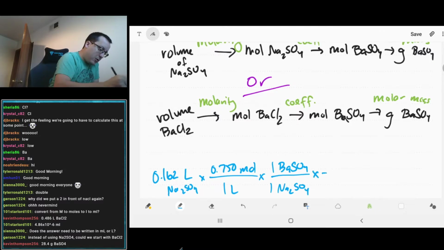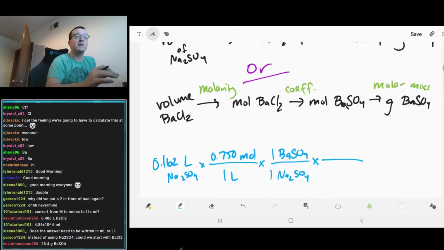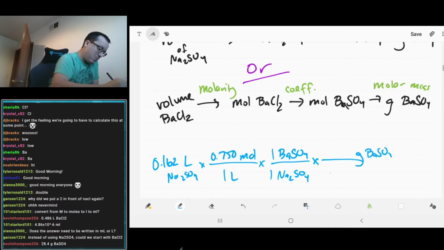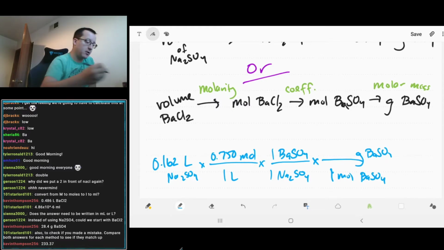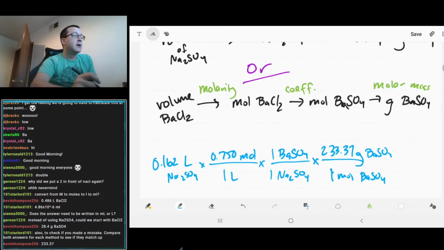One mole to 1 mole, and then the molar mass. Kevin, what's the molar mass? Yeah, you could totally do that also. If you have the time, you could totally do that exactly. 233.37. Thanks, Kevin.